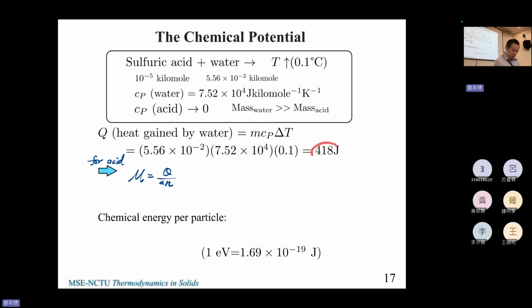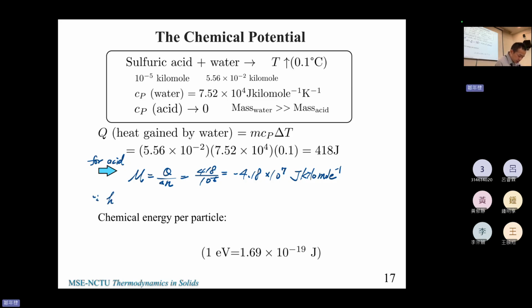So the added energy gained by the water must be 418 joule, equal to mu times delta N. So we can say 418 divided by 10 to minus 5 equals minus 4.18 times 10 to the 7 joule per kilomole.